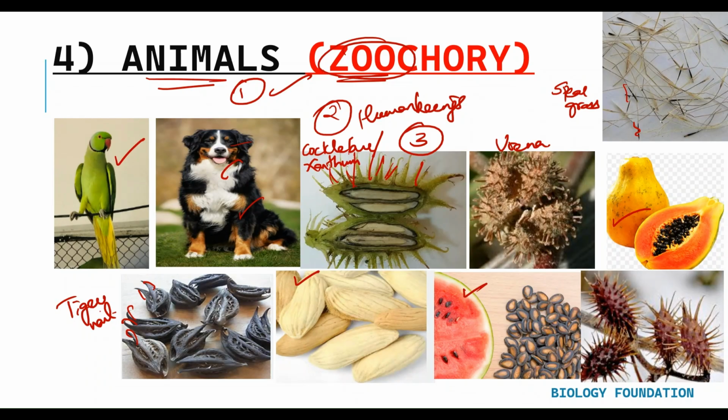Dispersal of seeds happens. So seeds are non-motile, and these are products after fertilization. Ovules basically develop into seeds, and ovules have the embryo in them, which later develops into a plantlet. And since seeds are non-motile, they have to be dispersed. They have to be distributed from one place to another with the help of agents. And why is seed dispersal necessary? In order to prevent competition between the same species.